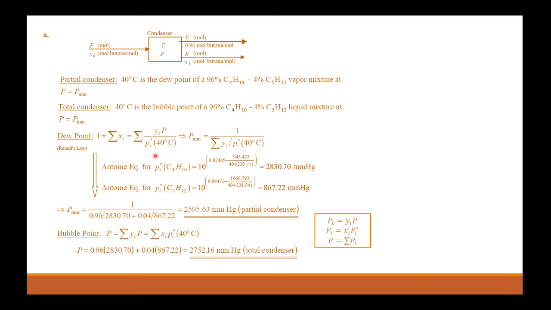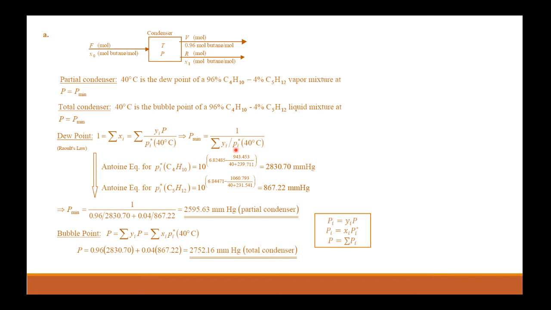Since at the dew point the summation of the mole fractions of the species in the liquid phase should equal 1, we get that 1 is equal to the sum of the liquid mole fractions, which also equals this. We rearrange the equation and take the total pressure P out, to solve for it.